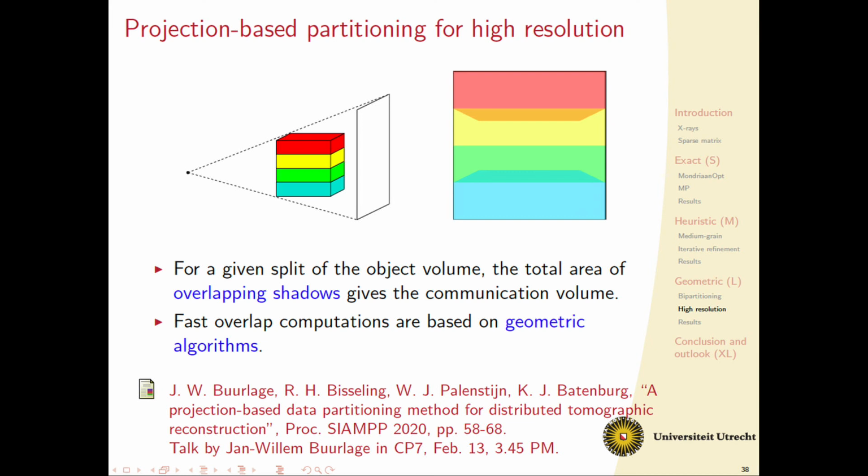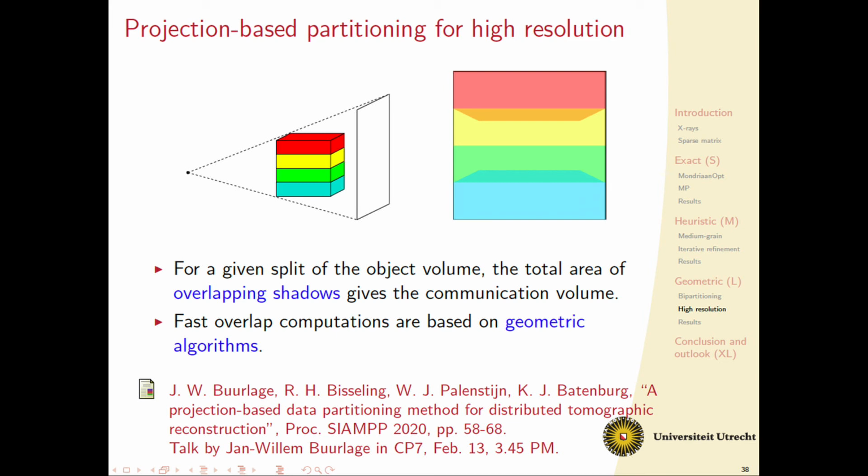If the color is only red, it means that the rays that hit that part only hit one processor. There's no communication. But you see there's the red and the yellow, and they overlap, we get orange. And that part is representing communication. So we want to keep the area of the overlapping shadows as small as possible.